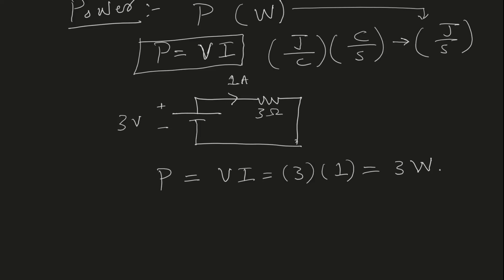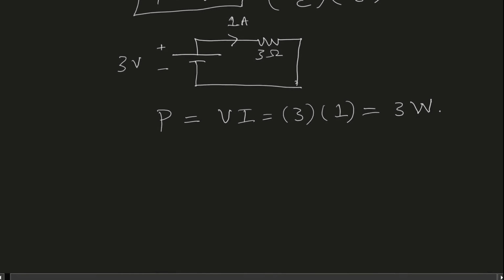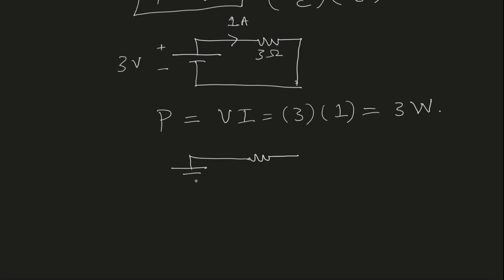All right. Now, if I slightly modify the above circuit, and for example, if I say that now my resistor is larger. Instead of 3 ohms, I have 30 ohms of resistance. So the voltage source is still 3 volts. And as we said, Ohm's law, V equals IR.